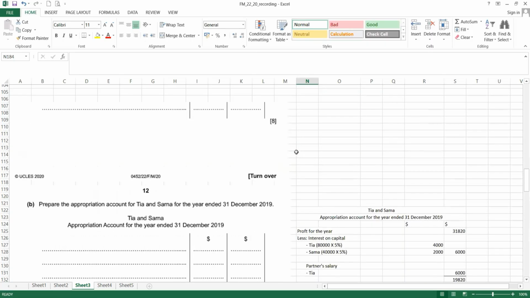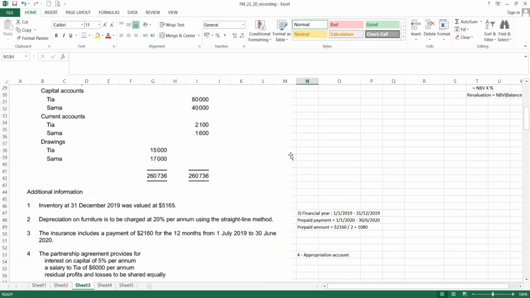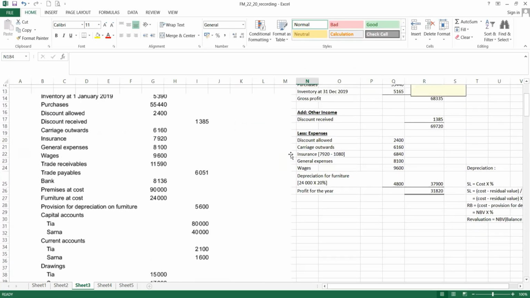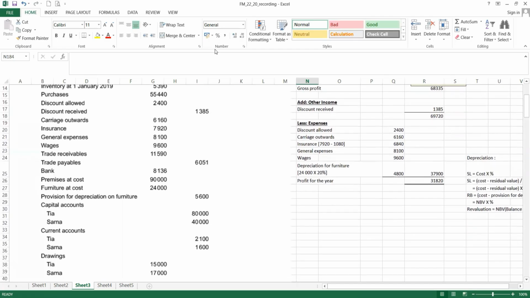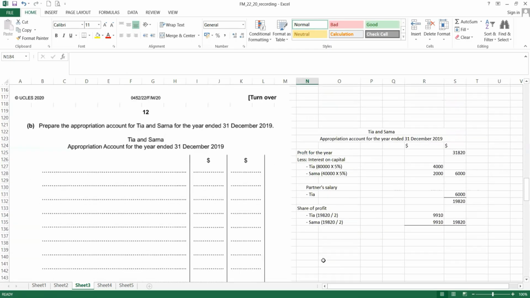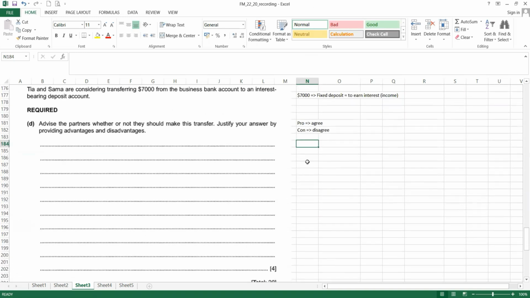From the top of the question, we see what is related that we can try to find the information. Okay, you saw the bank amount. Bank only left 8136. So this is the first information that I want to put in first. So I gather the information. Bank have 8136.